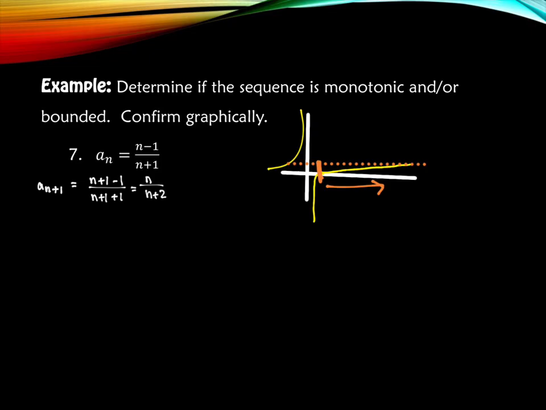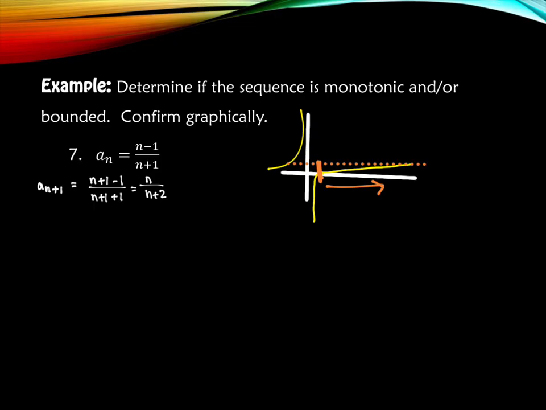Y'all good with that? Okay. If this is increasing, then this value is bigger than a sub n, right? A2 should be bigger than A1. A7 should be bigger than A6. That's what it would mean to be increasing. And from our graph, our anticipation is that it is, in fact, an increasing graph.